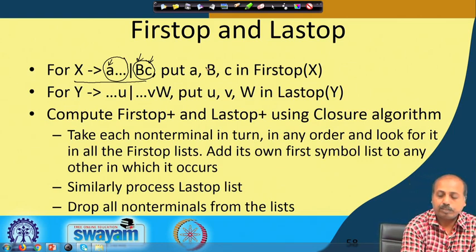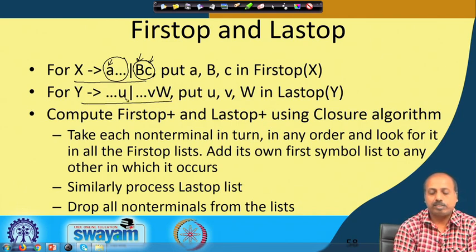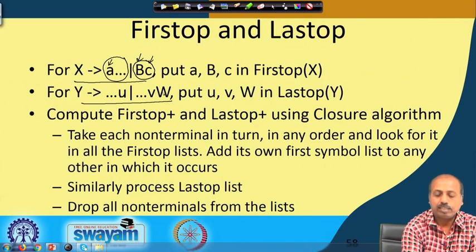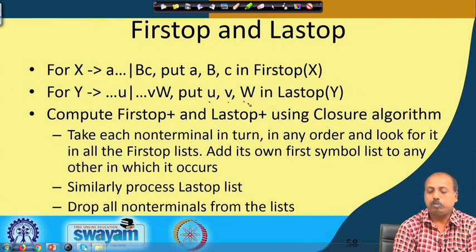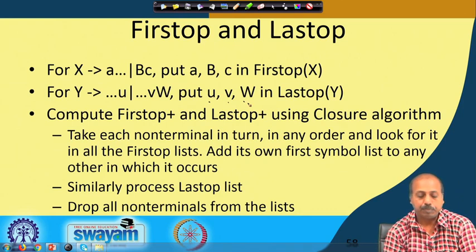Similarly, for the last of, if there is a rule like Y producing a string whose last symbol is a terminal symbol, and here the last symbols are v and w, then in that case u, v and w will be put in the last of Y.